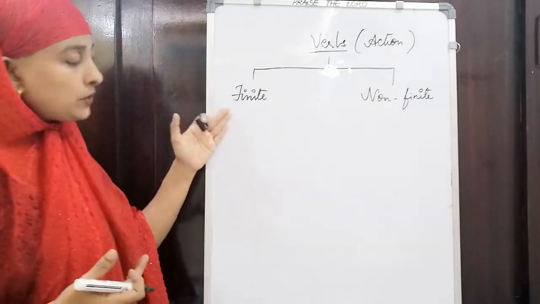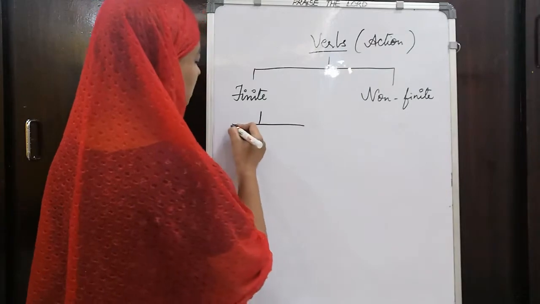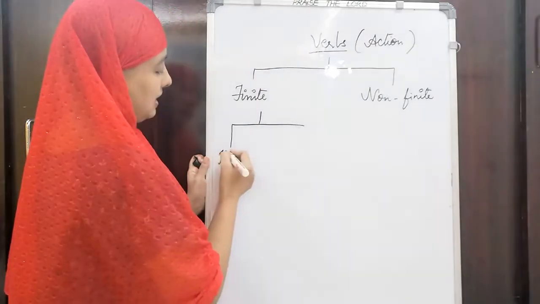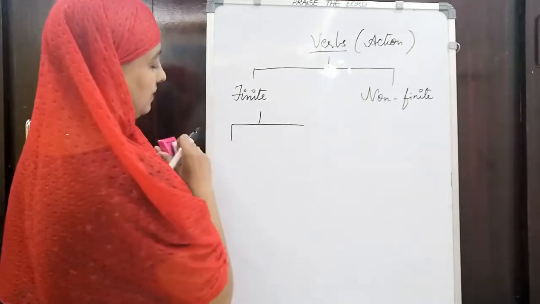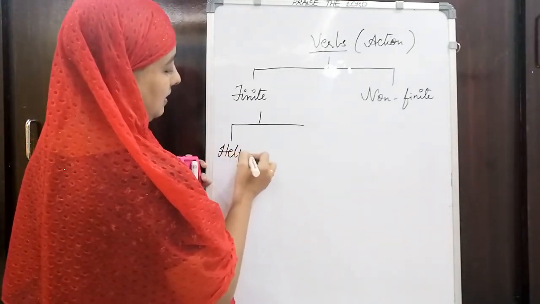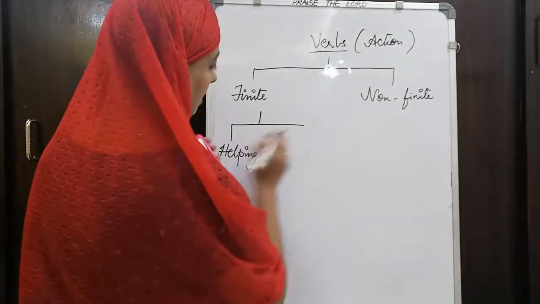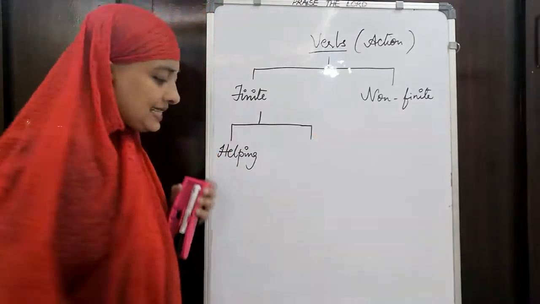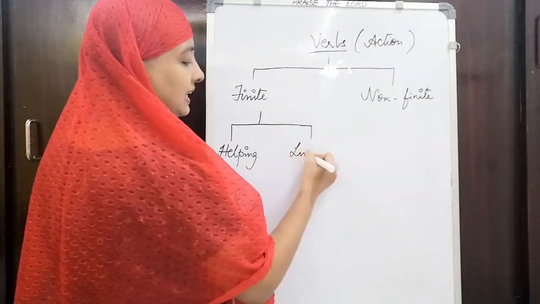Finite verbs are further classified as helping verbs and main verbs, or you can say linking, helping verbs and linking verbs.